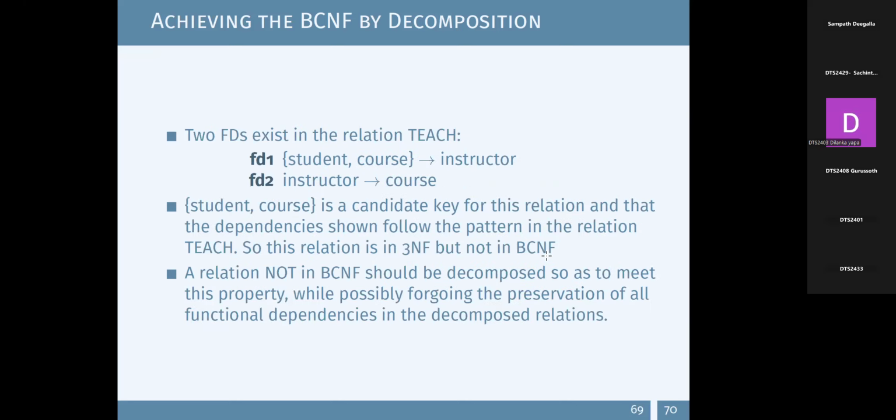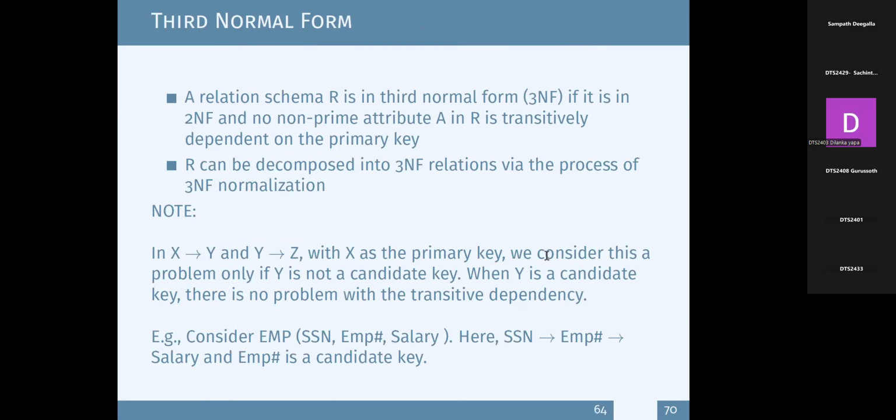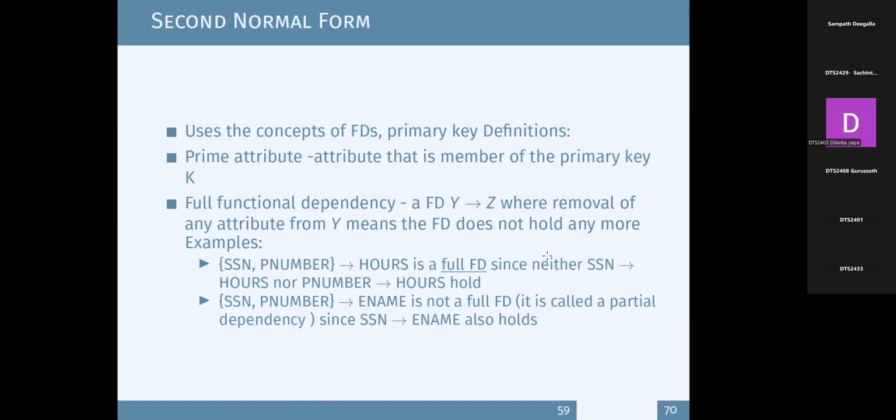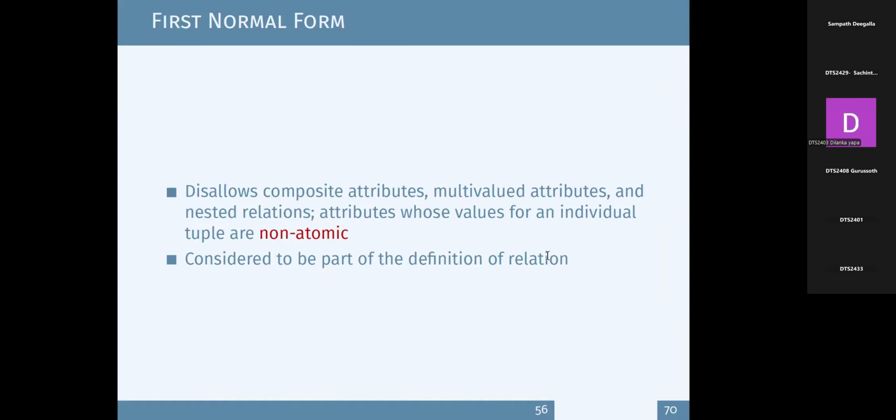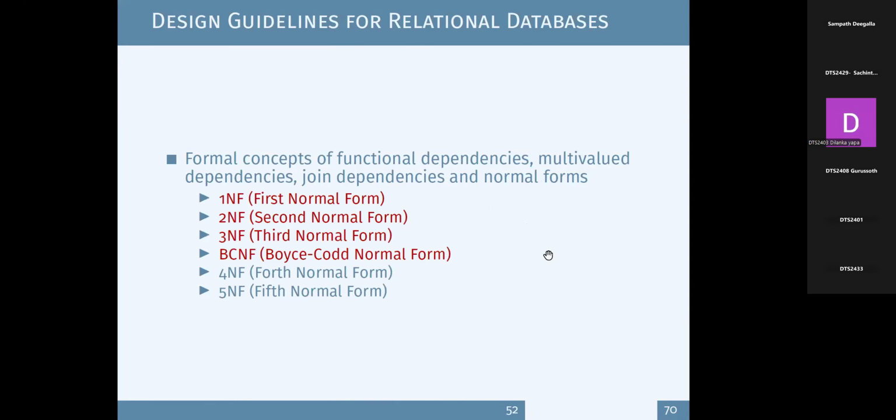Right. Now with that, we conclude our session on normalization. Basically, normalization is a process that we follow when we want to know whether our relations are good relations, right? There are about five normal forms, but normally at least your relation should be normalized up to third normal form.